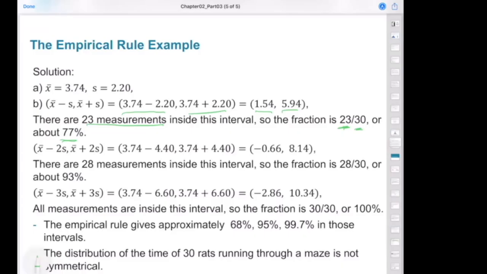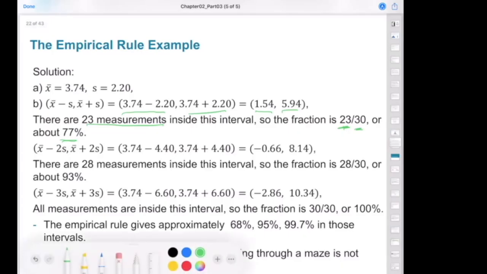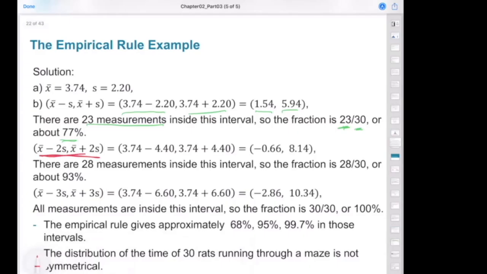Let's redo that again, but for 2 standard deviations. As you can see here, this is the mean. 4.4 is 2 times 2.2. This is 2 standard deviations. And here, the same thing for the upper limit.